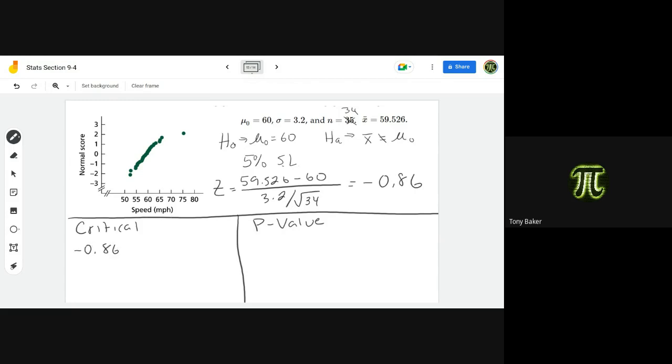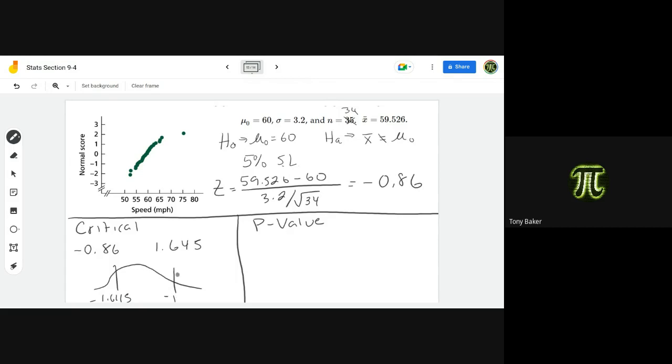So if we're looking for a 5% significance level, we just did this one actually. What was the 5% significance level? 1.645. So the negative 0.86, we have the 1.645 here, the negative version of it.